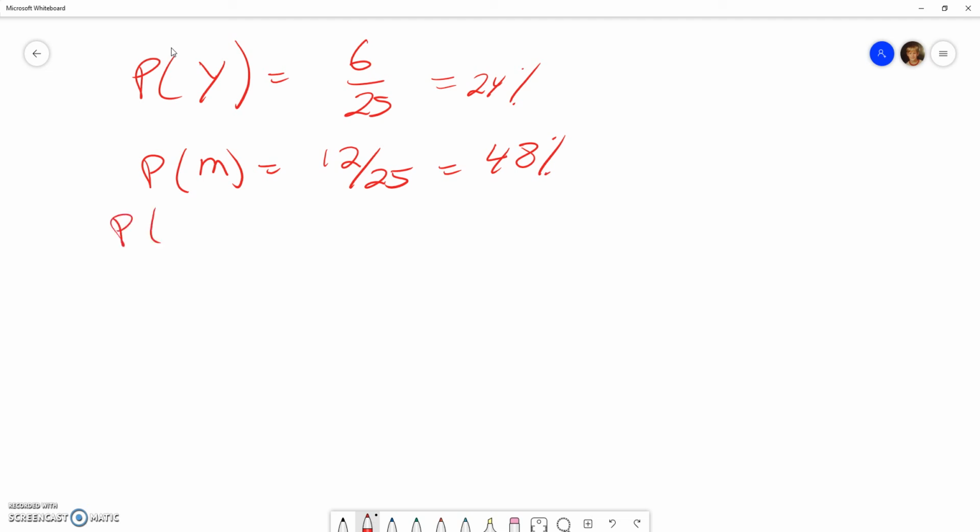And then the probability of a yellow candy and an M&M, in simpler terms just a yellow M&M. We know from the data that there is 2 out of 25, which gives us 8%.